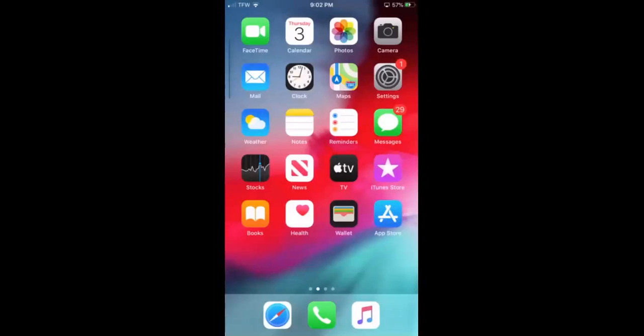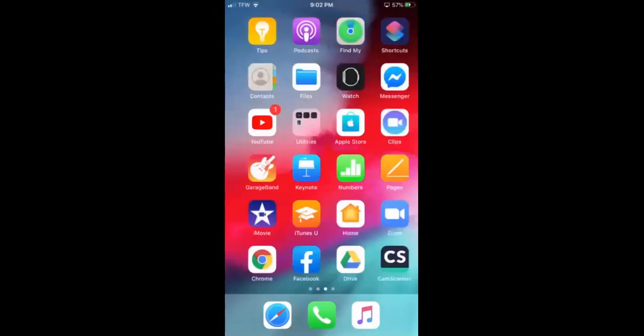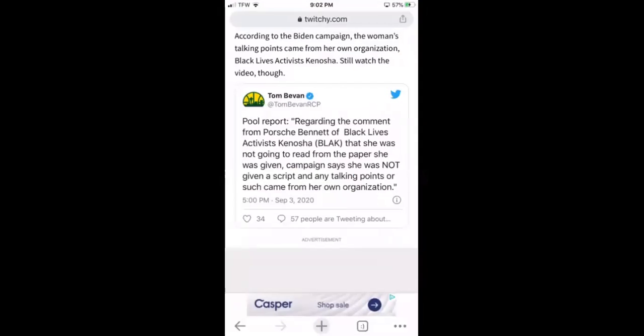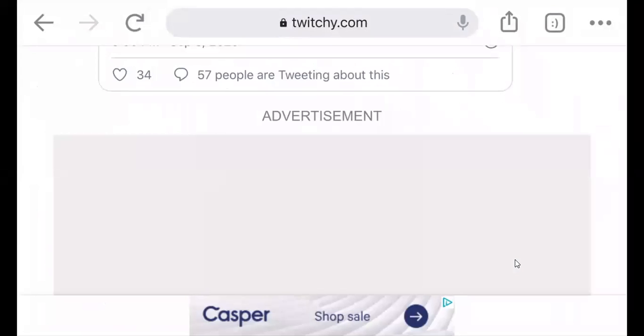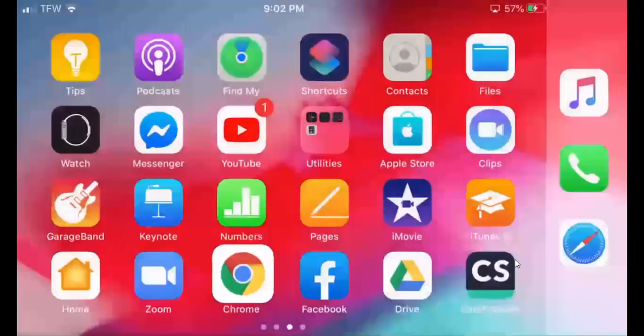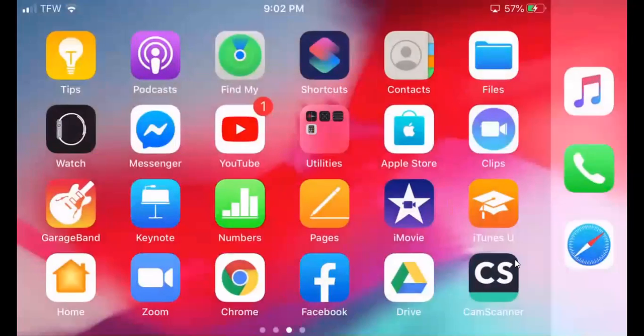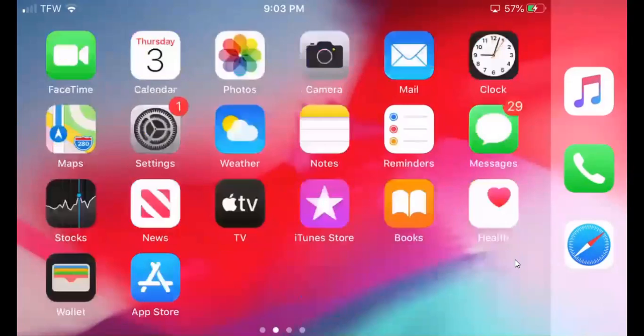Is your lock rotation on? I don't even know what the heck that is. Remember, I'm a boomer. Pull down your top settings, and it should be like a little lock rotation thing. Okay, so go to settings? Try to pull it from the top of your phone. Okay, like the notification bar up top.